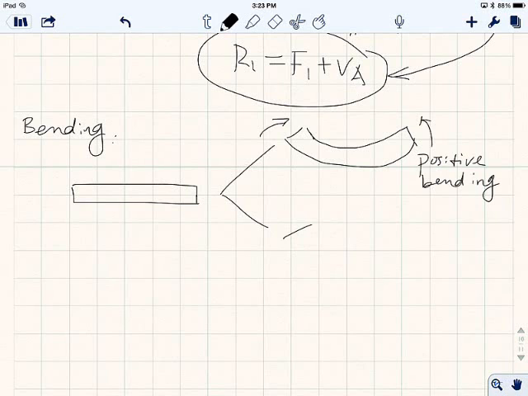Well, if it's going to cause the beam to bend like this, we call it negative bending.